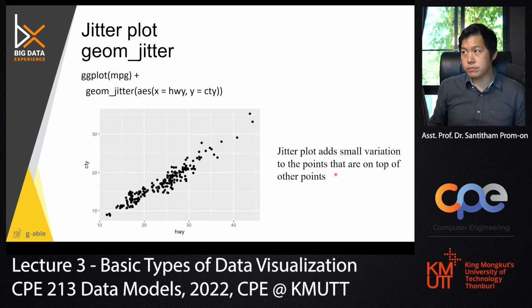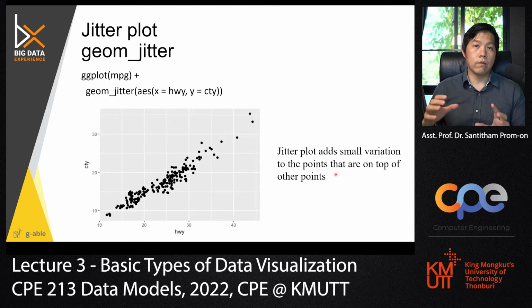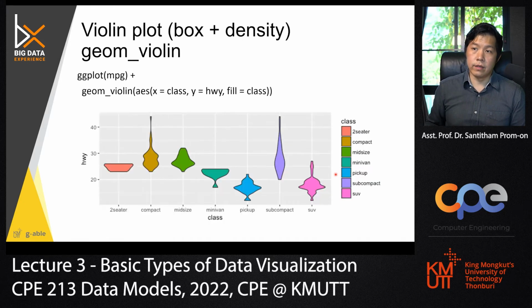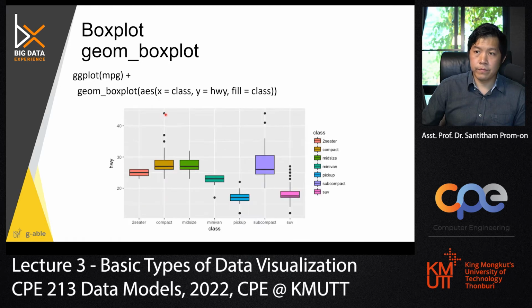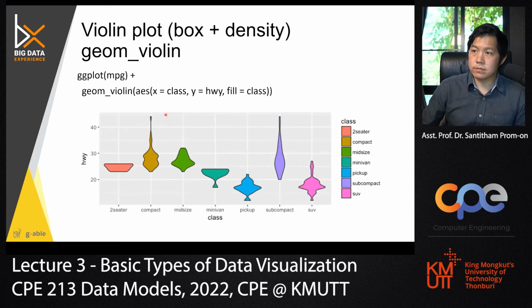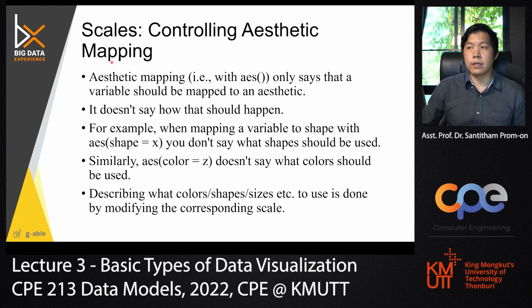Now you see that with different geometry, you can create different graphs. In order to modify it further, you have seen this already that you can specify the parameter inside, like the dot size equal 0.7 here. But you can also adjust it further by using scales.